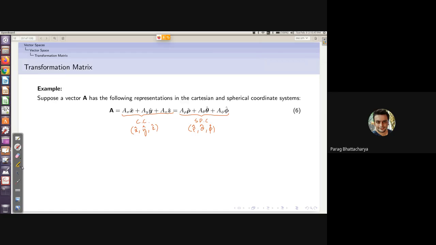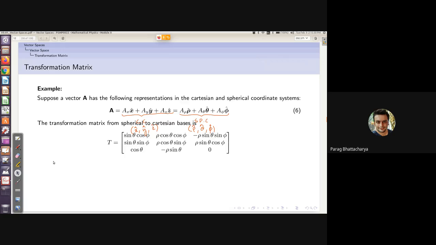So you are going from one basis to another, and there is going to be a transformation matrix between the two. This is the transformation matrix from spherical to Cartesian basis.